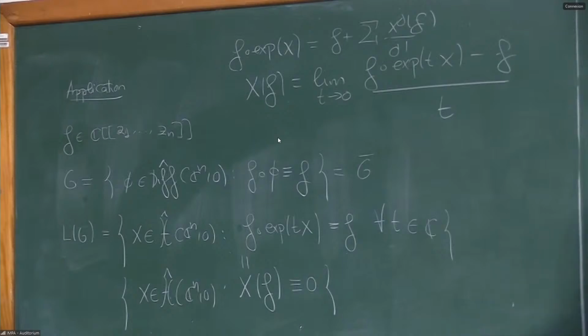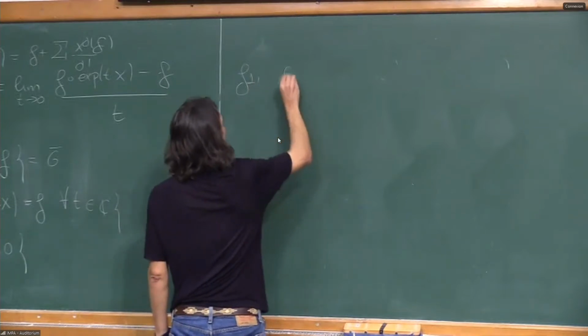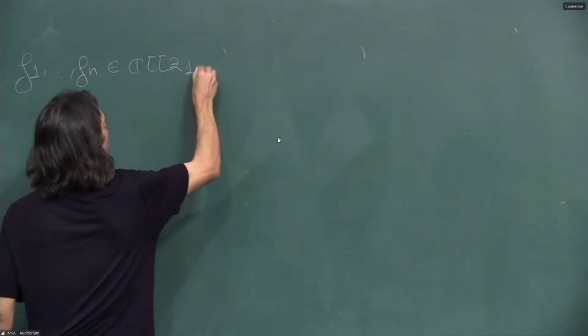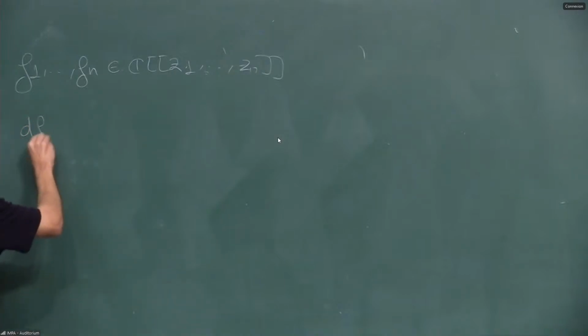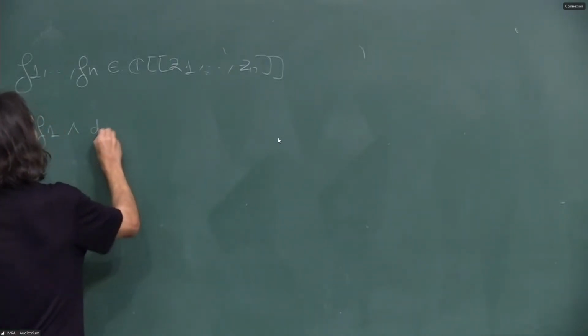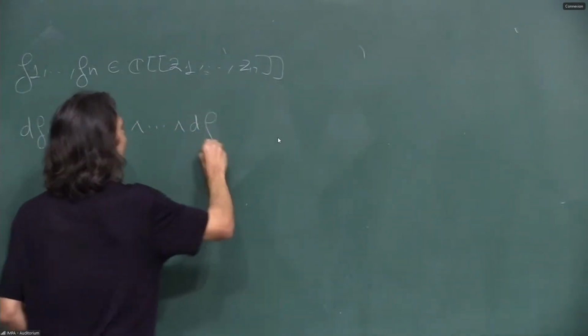And now the application. Consider M formal power series, and we are going to assume that they are independent in the sense that I'm going to describe now. We are going to consider the wedge product of their differentials and we are going to assume that this wedge product is not identically 0.